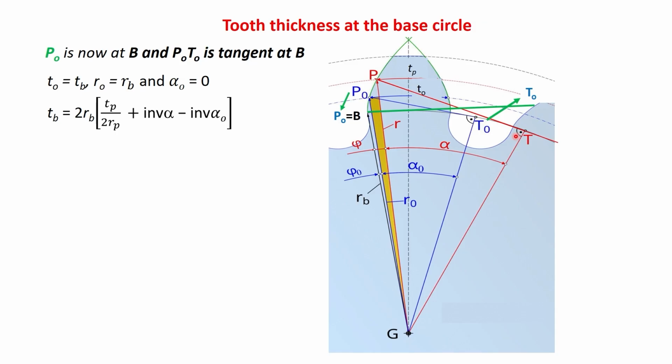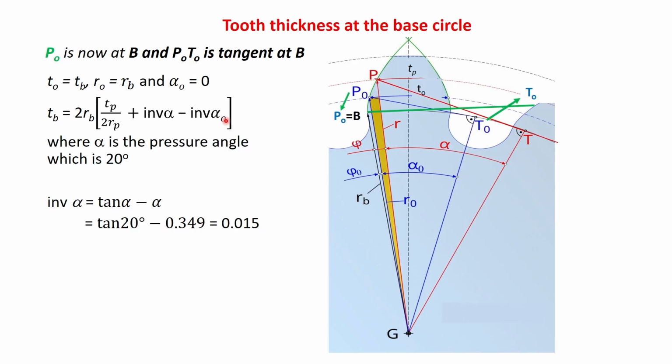So, TB, the gear tooth thickness along the base circle, means this radial distance, is equal to 2 RB, the base circle radius, within the bracket Tp, the gear tooth thickness at the pitch circle divided by 2 pitch circle radius plus involute of the alpha minus involute of the alpha 0.